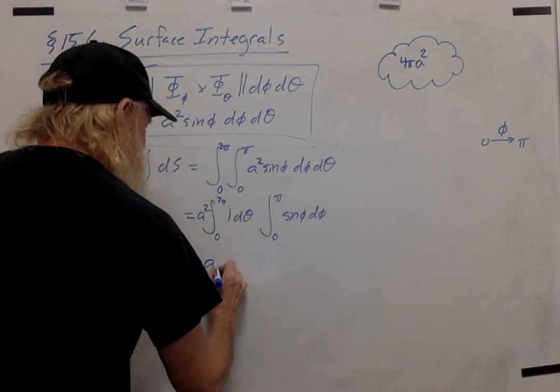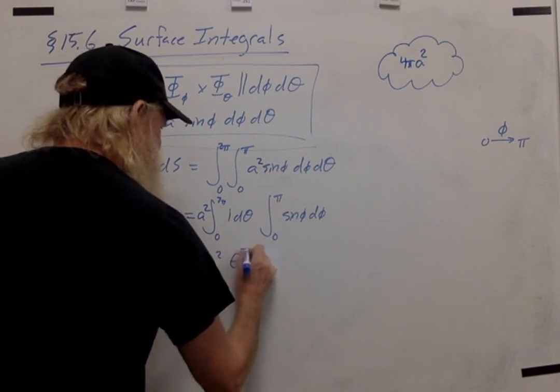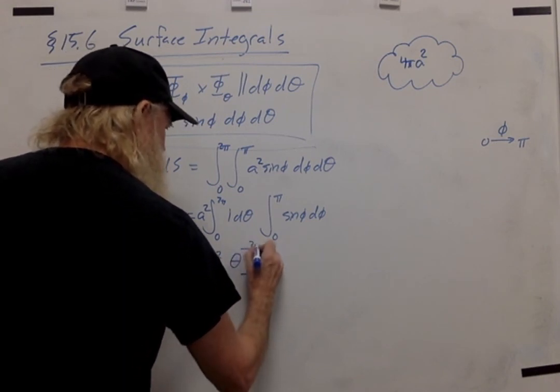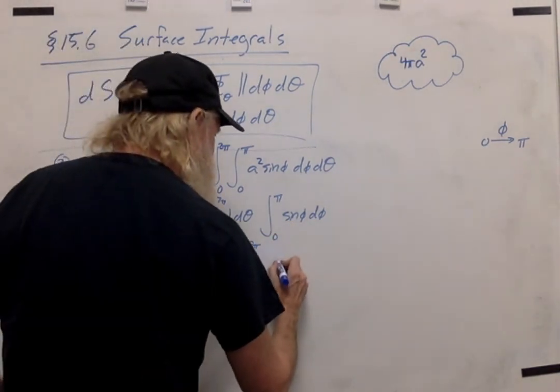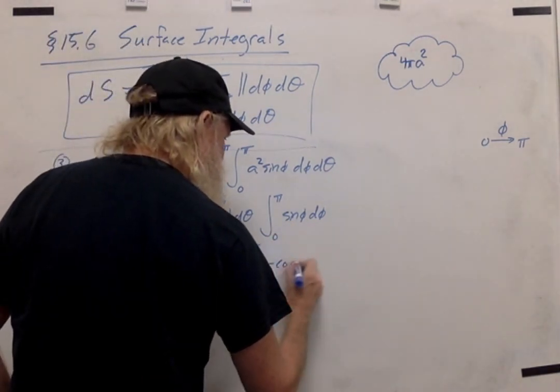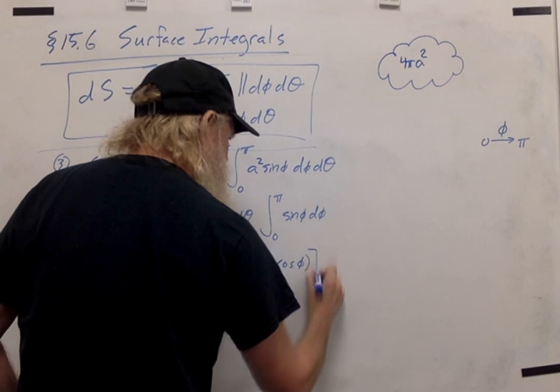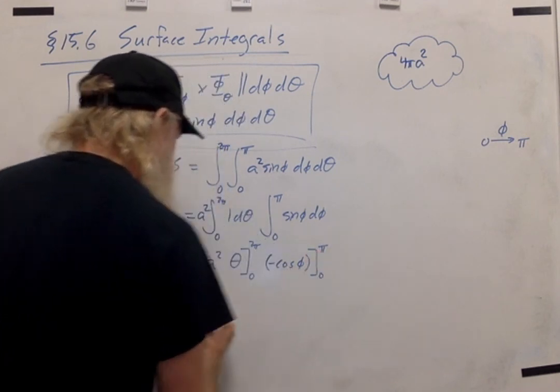Continuing to integrate, I get a squared times theta, where theta goes from 0 to 2 pi, times negative cosine phi, where phi goes from 0 to pi.